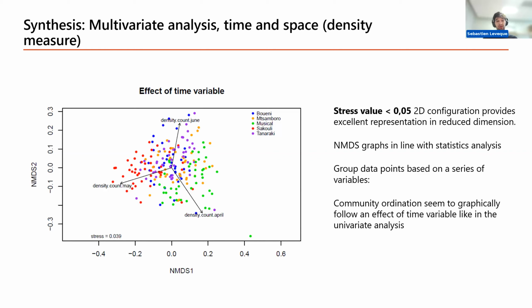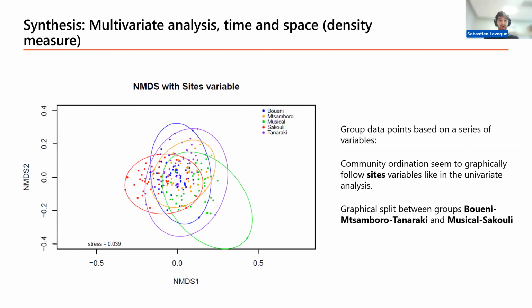And as you can see here for the time effect, the community ordination seems to graphically follow an effect of the time variable, just like in the univariate analysis. So there is a difference between April, May, and June sampling. And you do find the same pattern when we move on to the site aspect, where we have this kind of split between two groups with sites that are behaving differently and following different patterns, just like in the univariate analysis.